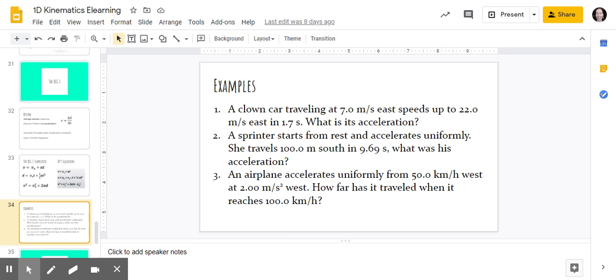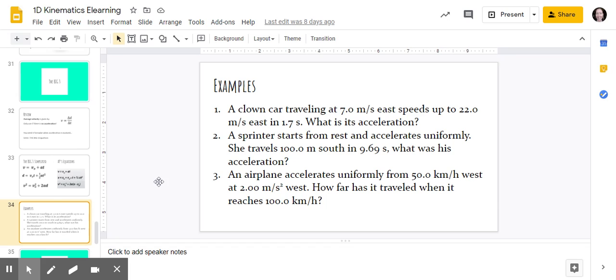So make sure when you start a problem that you're looking at these units and that you convert your units first, okay? Because we should always be working in meters per second unless the question explicitly asks for an answer in hours or kilometers or something of that nature.